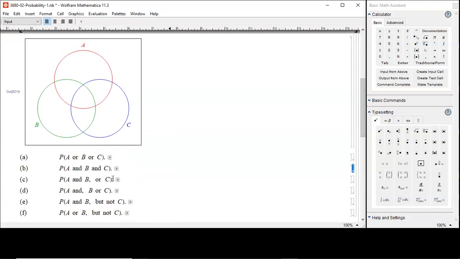Now, "A and B, or C" versus "A, and B or C." Wow, this sounds really bad. What's the difference? Well, I exaggerated some changes here when I read, but it's really confusing.